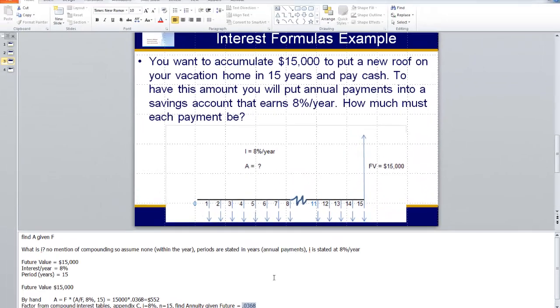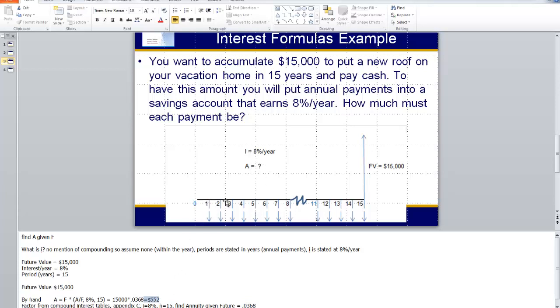You could plug the interest rate and number of periods into the formula that you can find in the inside front cover of your book, and it would give you this exact same number. So the tables are just there for convenience. So 15,000 times our factor of 0.0368 tells us that our annuity is $552.